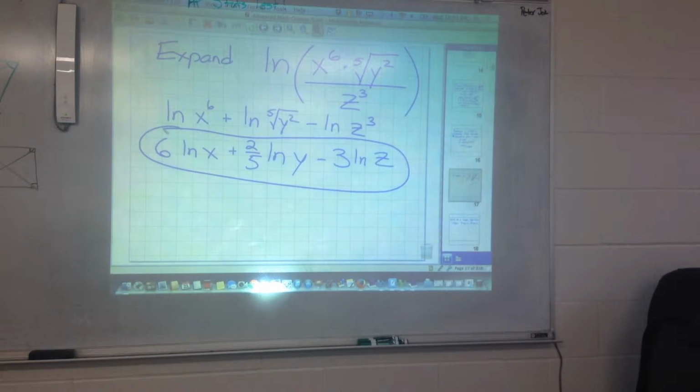Drew? I'm just curious, is there somewhere where we would see this in real life, like, in work? Honestly, I don't know where you'd ever want to very often expand logarithms. It's really just more practicing knowing the properties. However, knowing those properties becomes important in solving the equations like we did at the beginning.